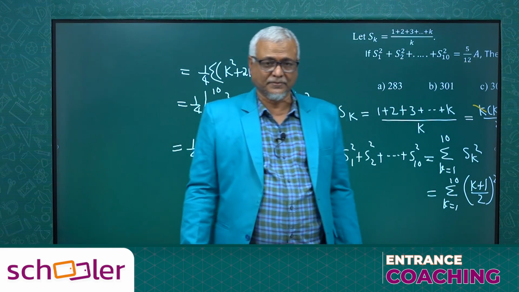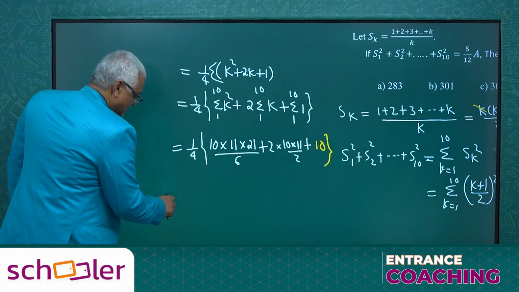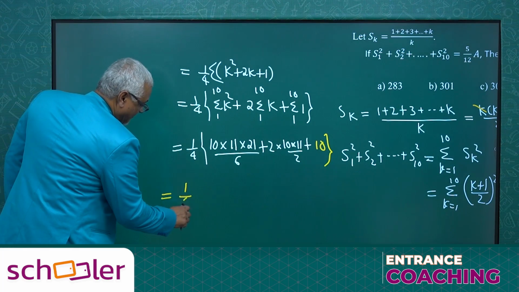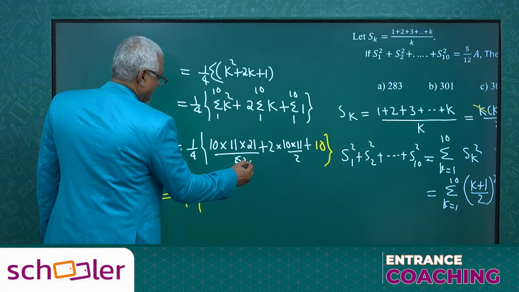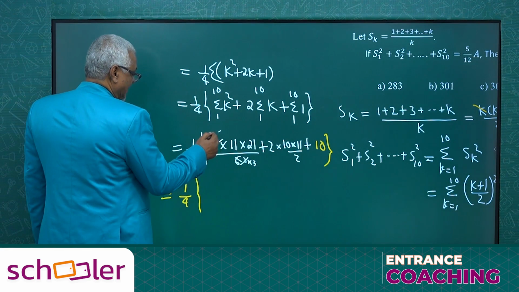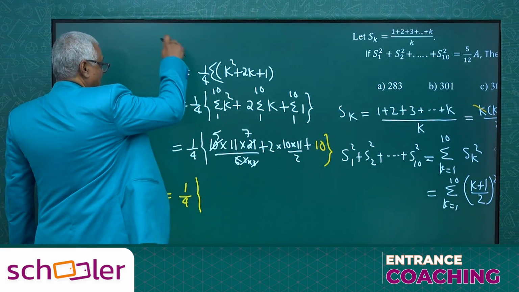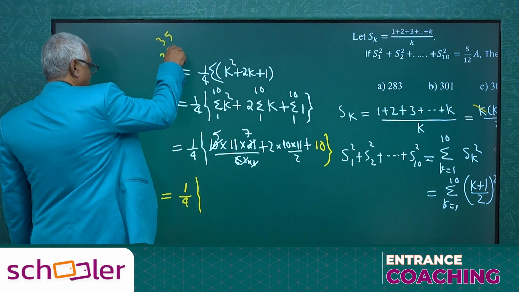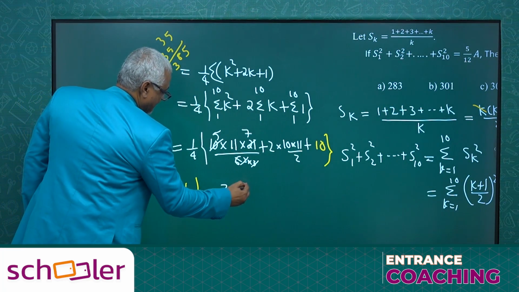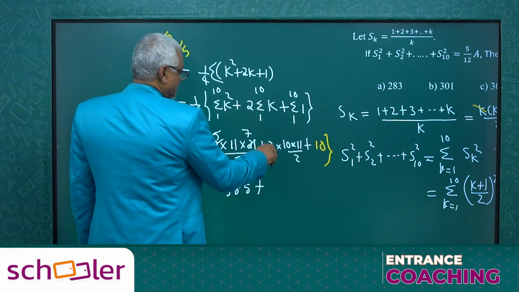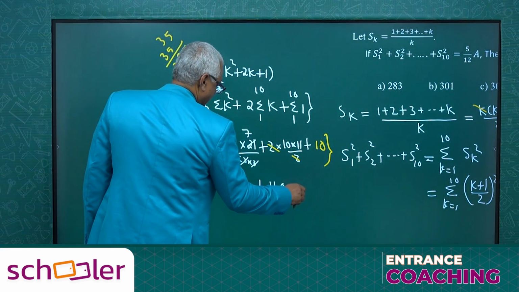Come on, simplify it, say the answer. What is the answer? This is equal to 1 by 4 times, okay, this 6 is 2 into 3. 2 goes to 10, 5 times, 3 goes to 21, 7 times, we have 35 into 11, that is 385, plus, here these 2 cancelled, we get 110 plus 10.